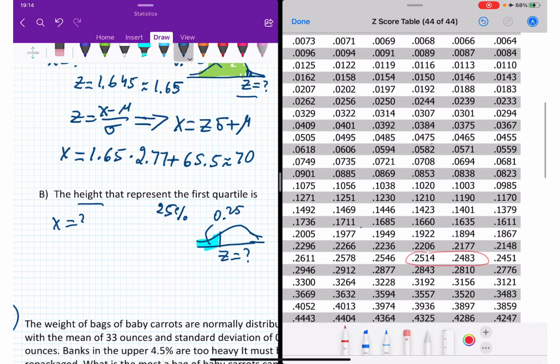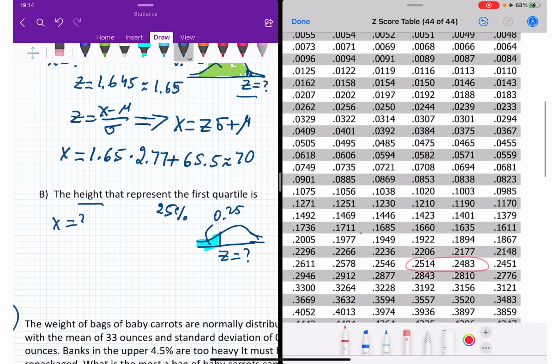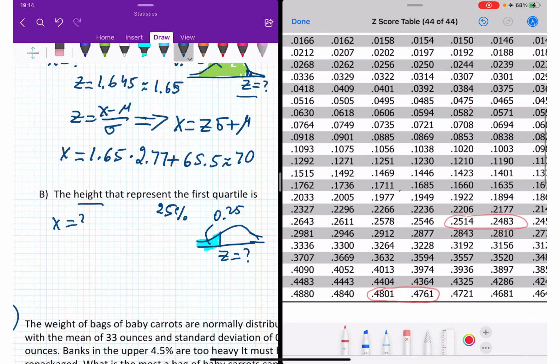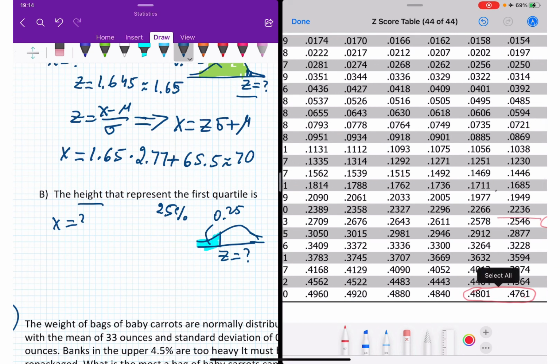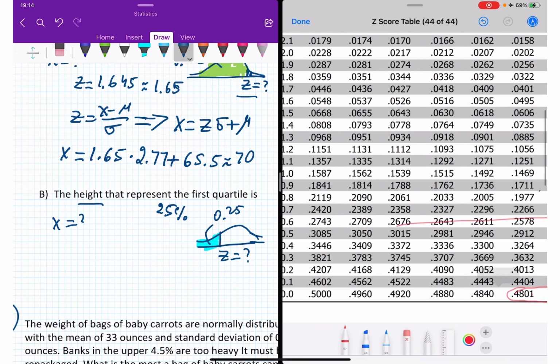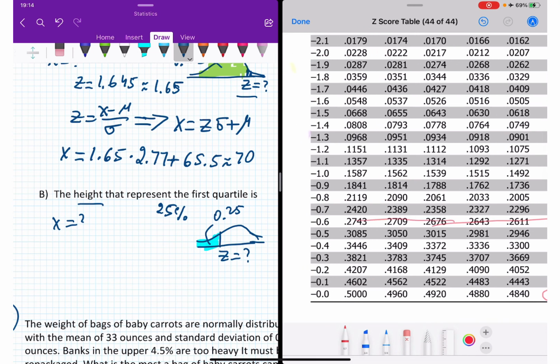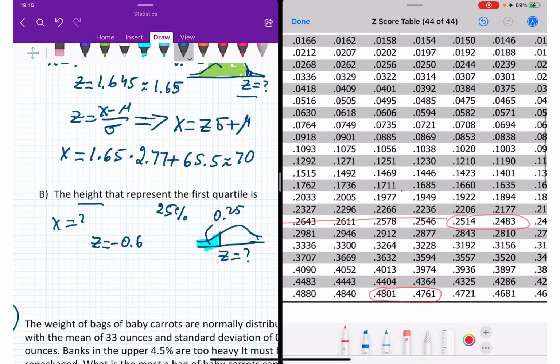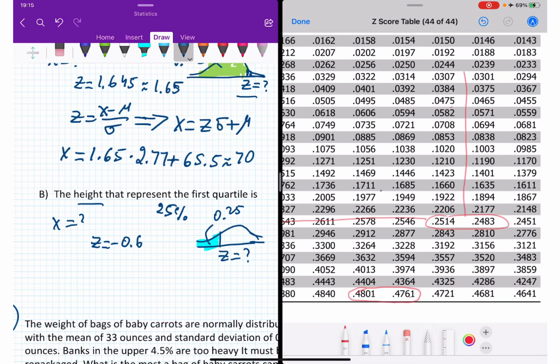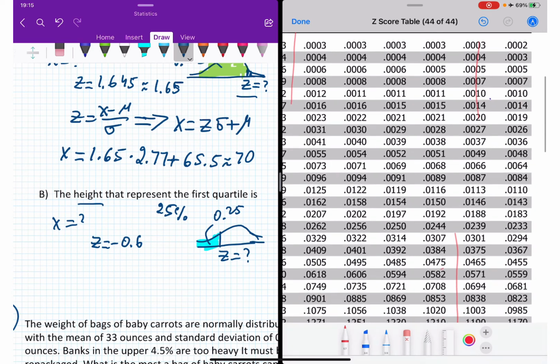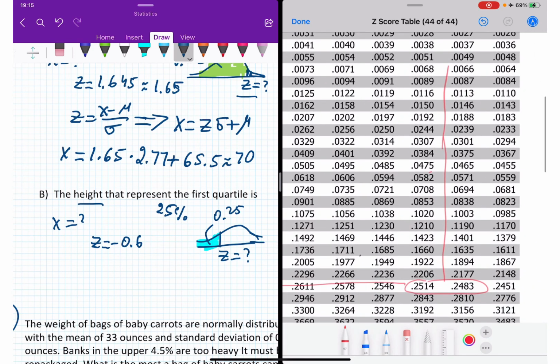Or maybe if I take and round this one up. No, it's going to be better, this one. Between these two, it's going to be negative 0.6, and it's going to be between what? 7 and 8. 6, 7, 8.